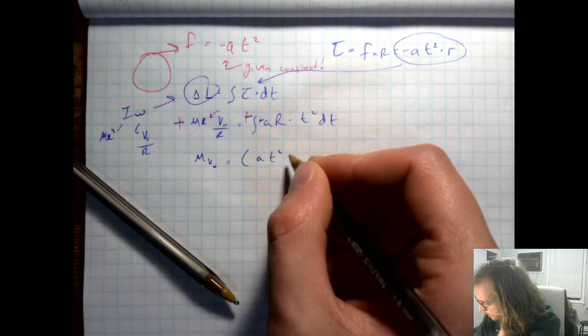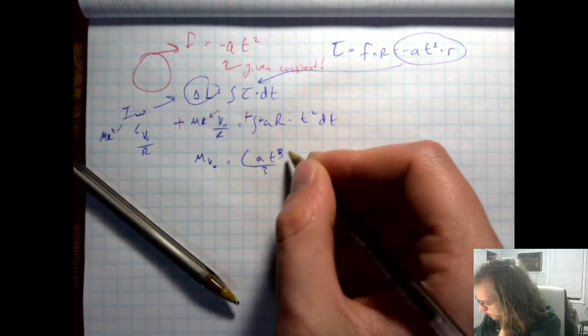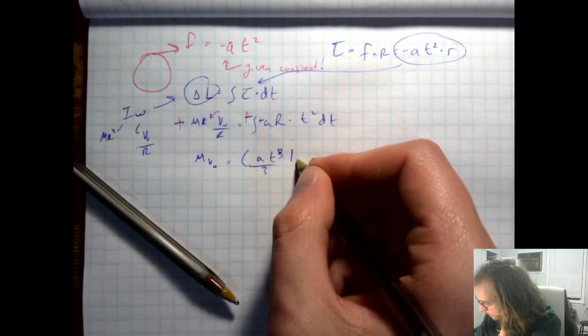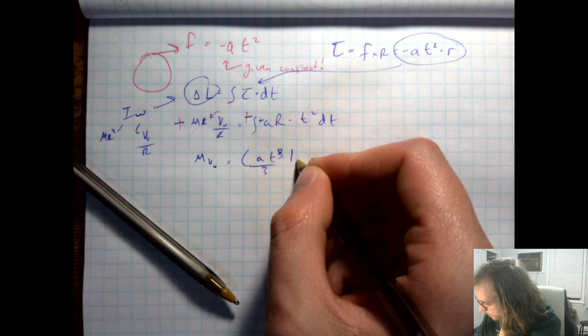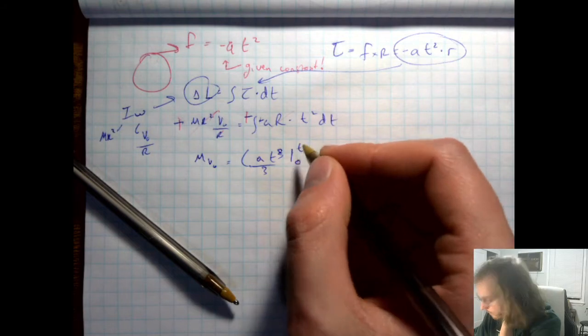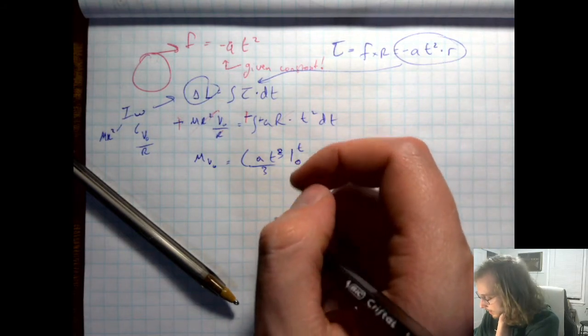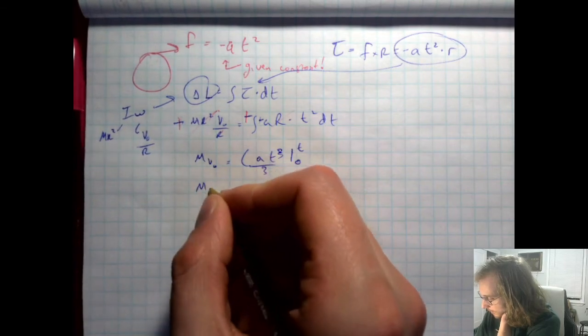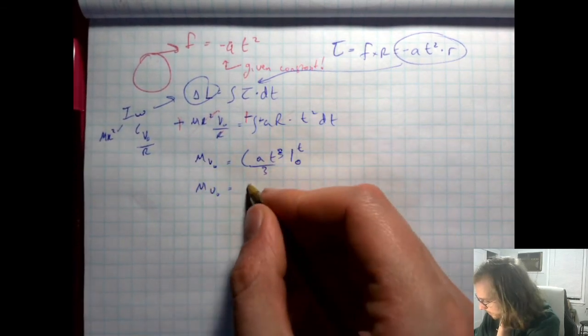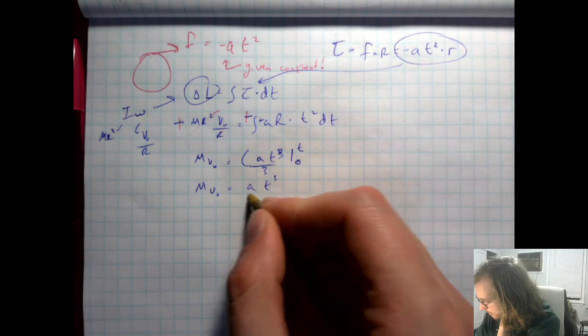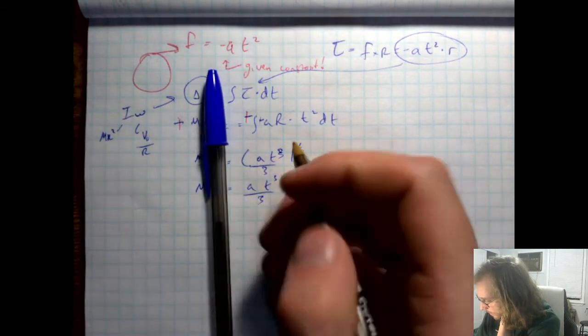A t to the third over 3, evaluated from our initial time to our final time. So we'll get m v naught equals A t to the third over 3.